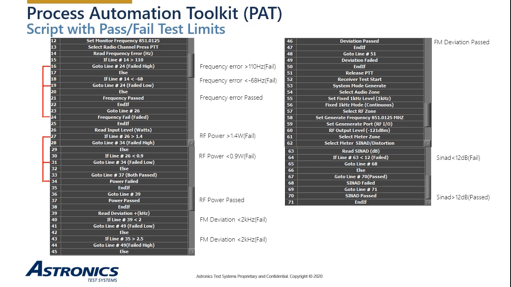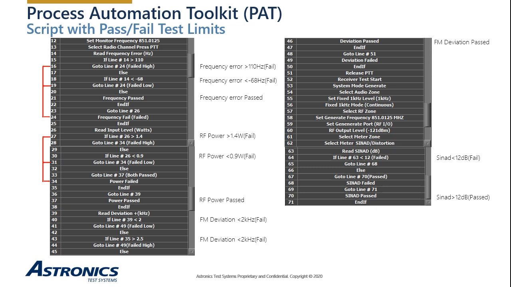If they pass, or even if they fail, we read the deviation, do the same test again, look for max and minimum deviation, deviation passed, and then we go to the receiver side. We set the generator up to generate a 1 kHz tone for us to be able to measure SINAD at a level of minus 121 dBm. So we read the SINAD, and if it is less than 12 we failed, and if it's greater than 12 we passed, and that is the end of the test.